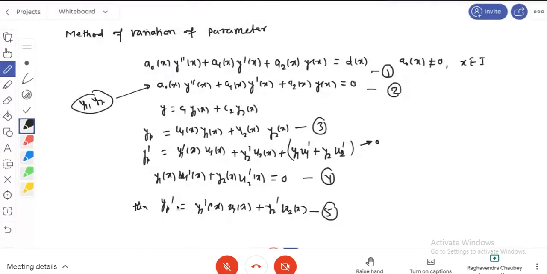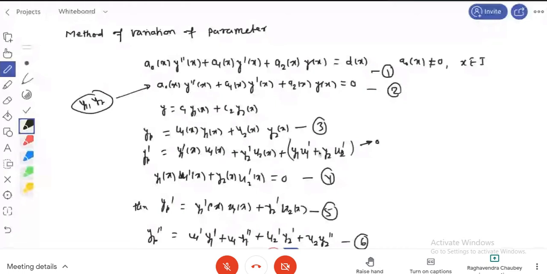And if we differentiate this equation, you get u1' y1' plus u1 y1'' plus u2' y2' plus u2 y2''. This is equation number 6. This part was already done in our previous class.